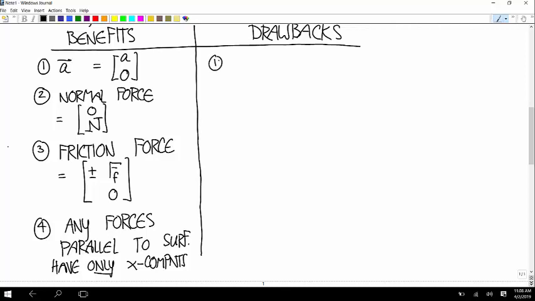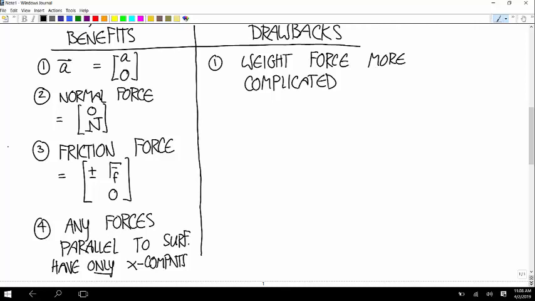The one drawback is the weight force now gets more complicated. What used to be just 0, negative mg, we never even had to think about it.